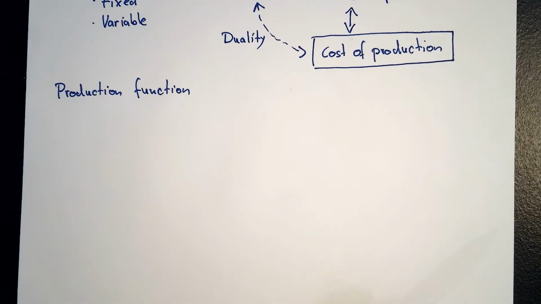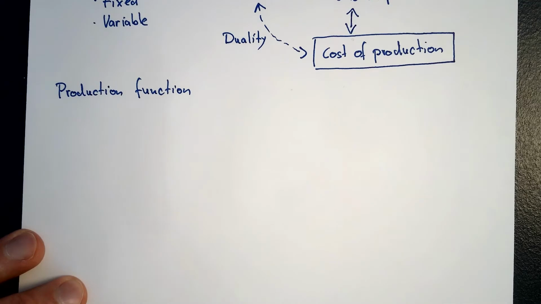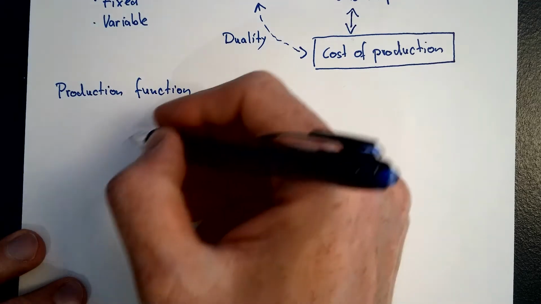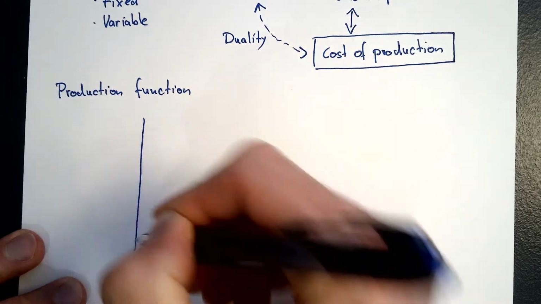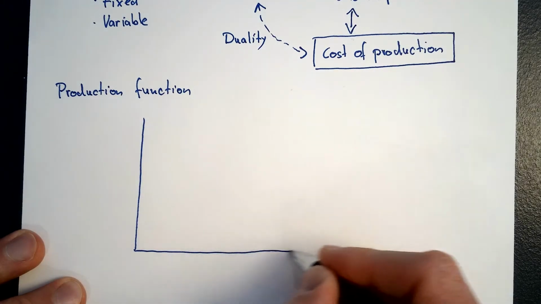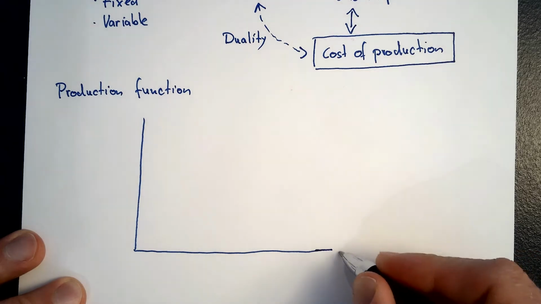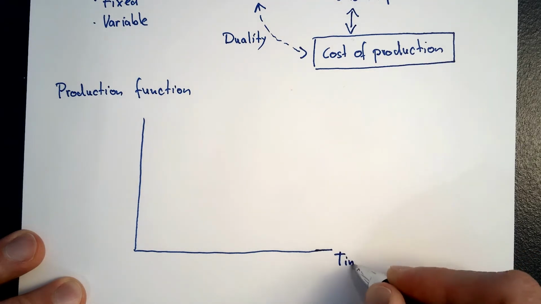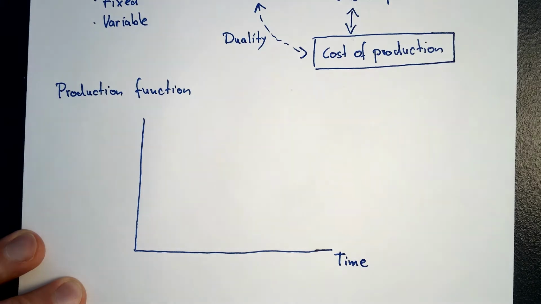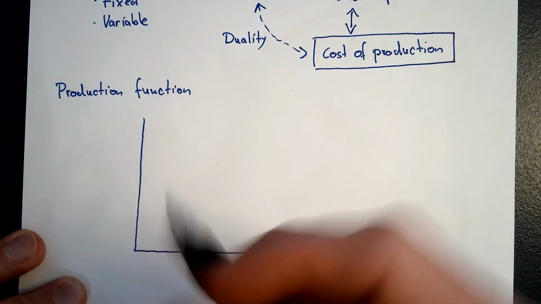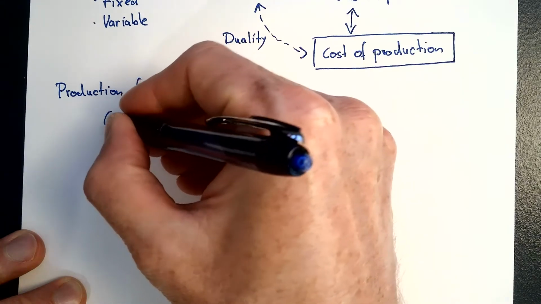Let me do two examples, and that will also introduce your first production function. Think about any college class that you're going to take, and you have the input time. So that would be your one input, and the output is the grade.